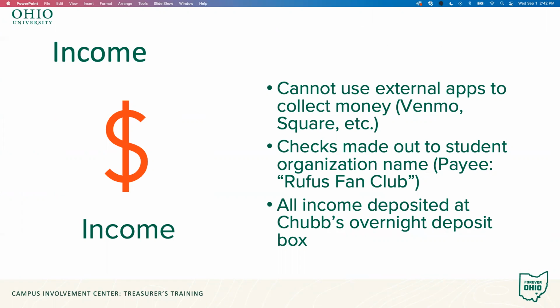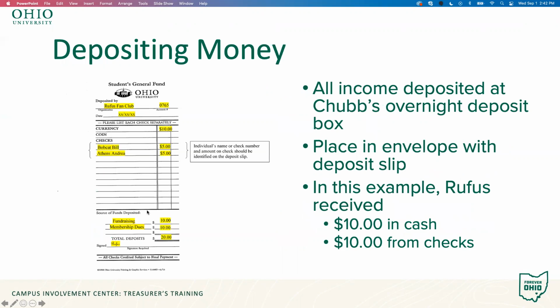So you're going to want to collect cash or check and take that to the Chubb's overnight deposit box. That's located on Court Street, and you'll see a little deposit box slot outside of Chubb Hall. When you're depositing money, you will submit a deposit slip with your money.